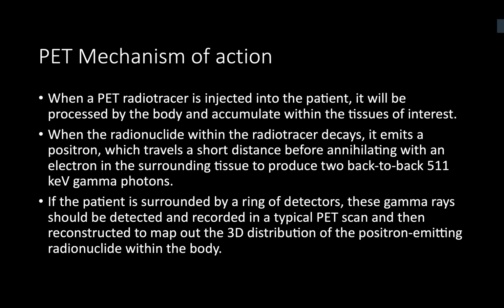When you inject the radio tracer, it is taken up by the body and accumulated within the abnormal areas. Once it starts decaying, it emits a positron. Once that positron travels away from the body, it collides with an electron, and the process is called annihilation.